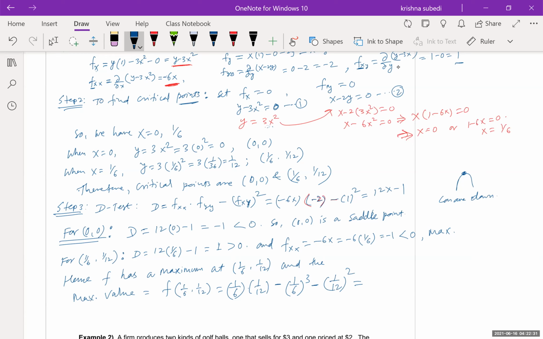I want you to simplify this and let me know what you get. My calculator is telling me that it will be 1/432, but I want you to verify this answer. So this function has a maximum at this point, and the maximum value is 1/432. Any questions?